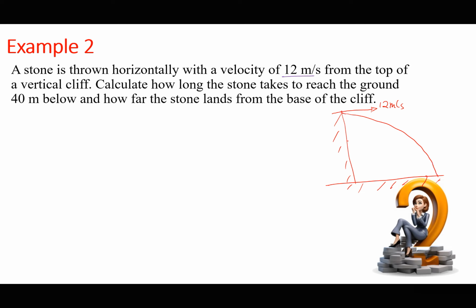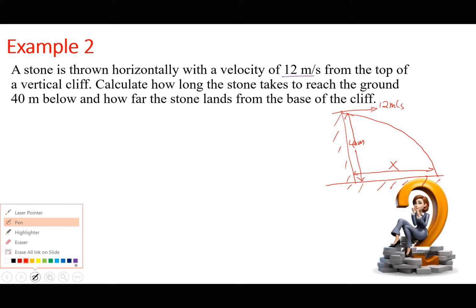This is 40 meters above the ground. So we want to calculate how long the stone will take to reach the ground and how far from the bottom of the cliff it lands. We shall get this distance here, call it x. So it's almost the same question we have solved.